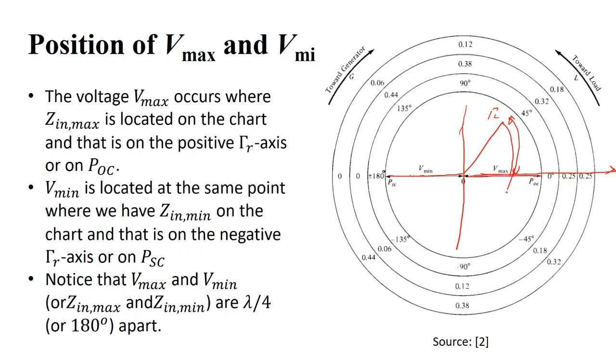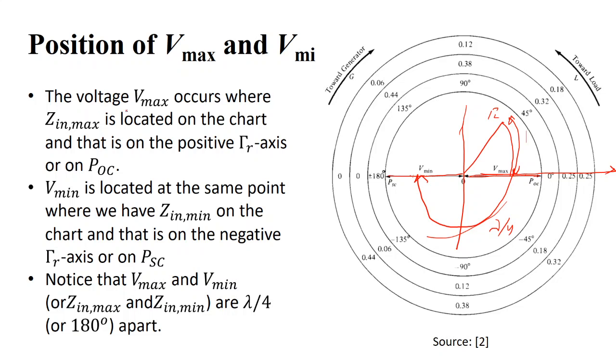Similarly, if you further move and you reach here, then you will get where the minimum will occur, and this distance is lambda by 4. We already know the circumference of this circle is a lambda by 2 distance to cover the 360-degree phase. So here this is 180-degree phase. So by moving lambda by 4 from a length, you will reach the minimum. So if you can find this one, you just add lambda by 4 to get the minimum.